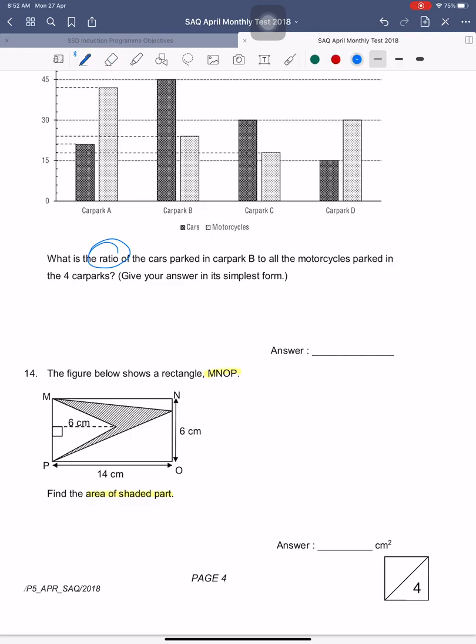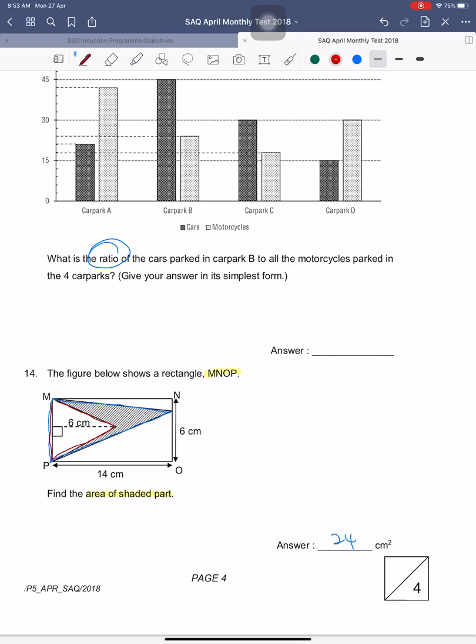Again the answer is 24 square cm. So how do we solve this question? You will need to find out the area of this big triangle, the one in blue. After that, you find the area of this smaller triangle.